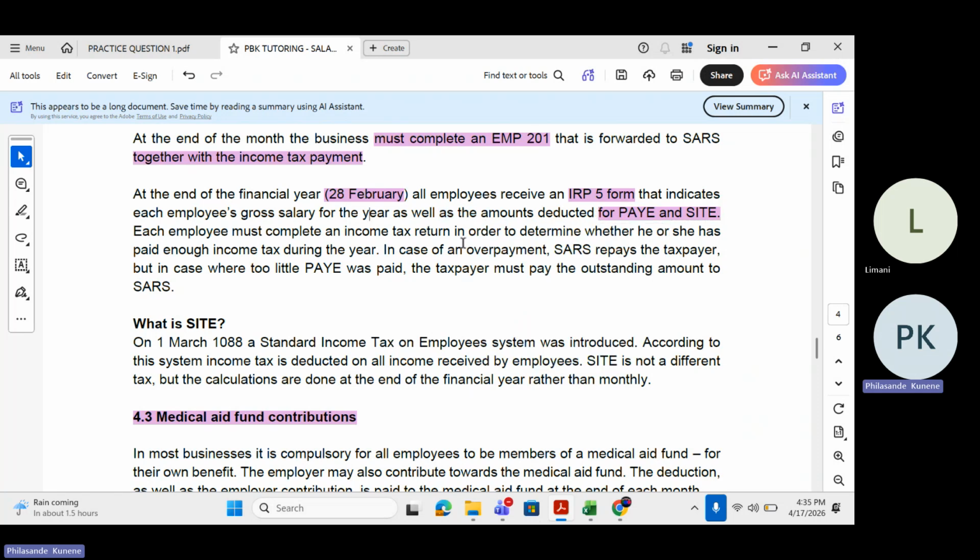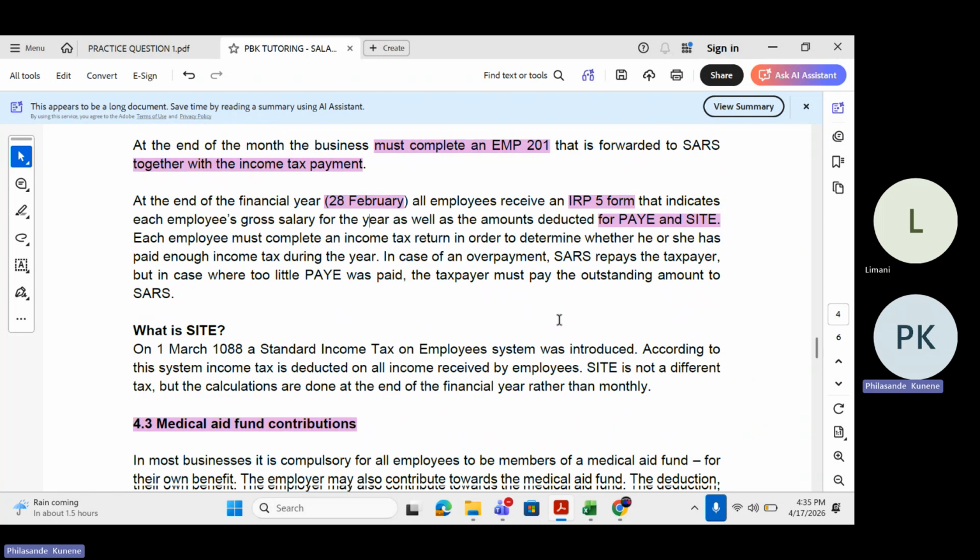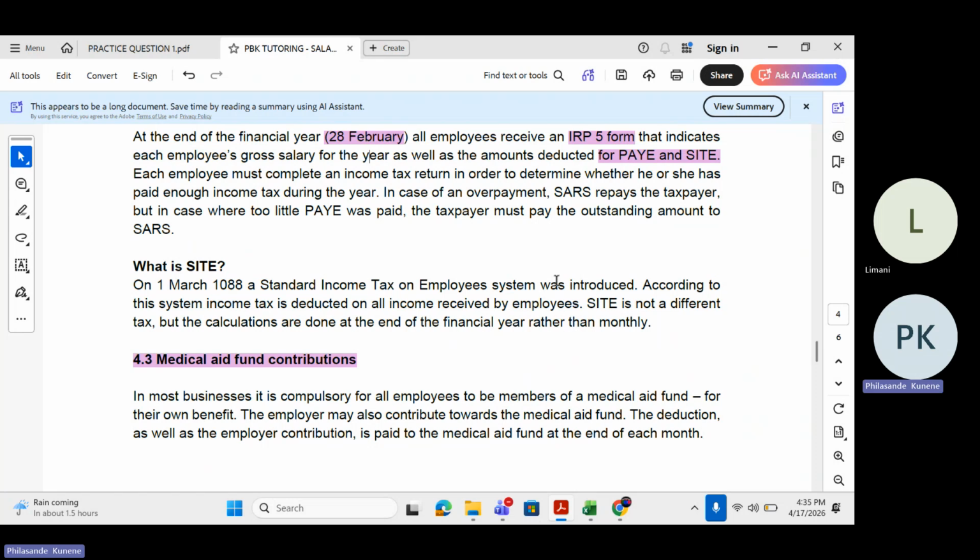Now it combines 12 EMP201s, salary together with tax. That is the IRP5 document. It's a document, same as EMP201, but that one is completed once a year. It indicates an annual salary and an annual tax that has been paid by the employee, and then that document will also be forwarded to SARS.